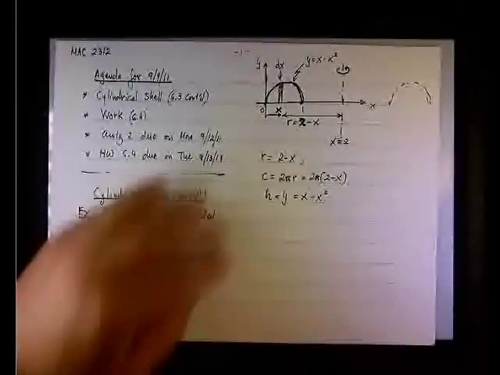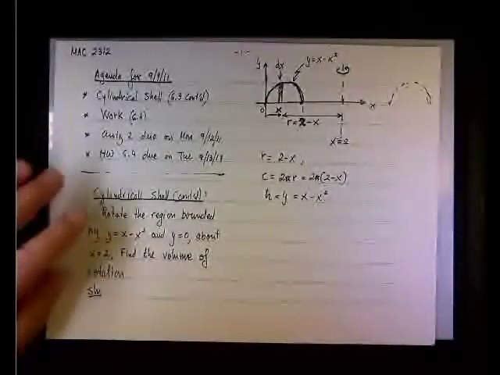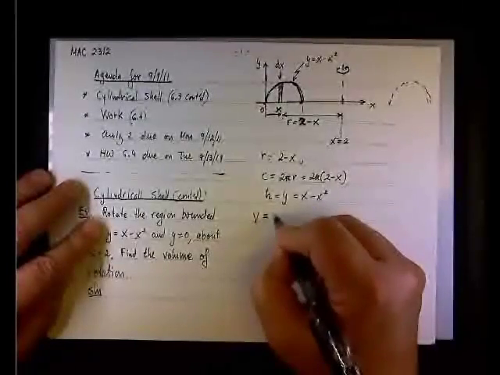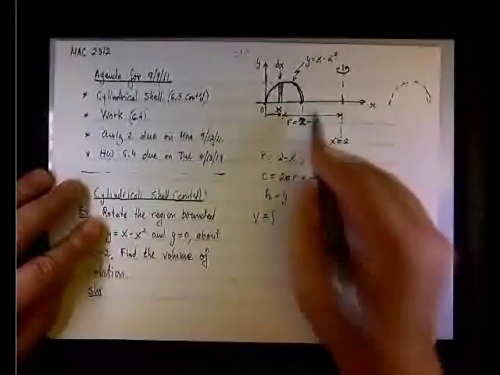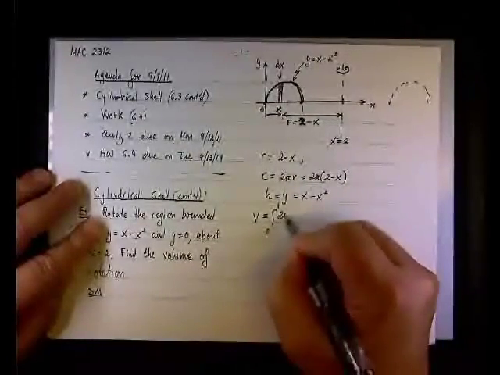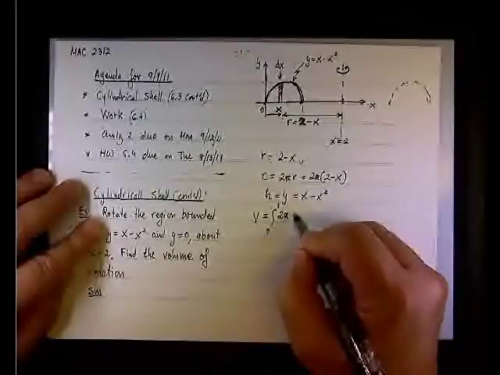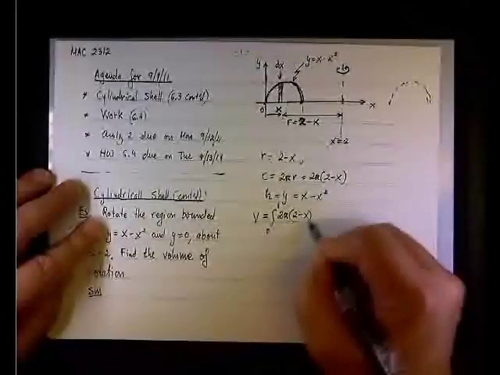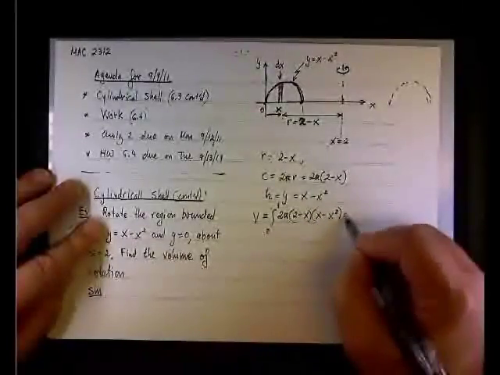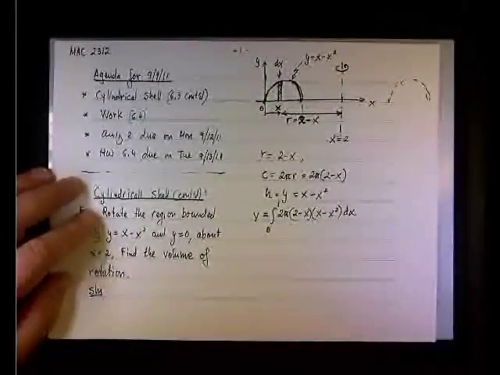Okay, so the volume will be the integral. x will go from 0 to 1 of 2 pi times 2 minus x, which is the circumference, times the height, x minus x squared, times the thickness, dx.